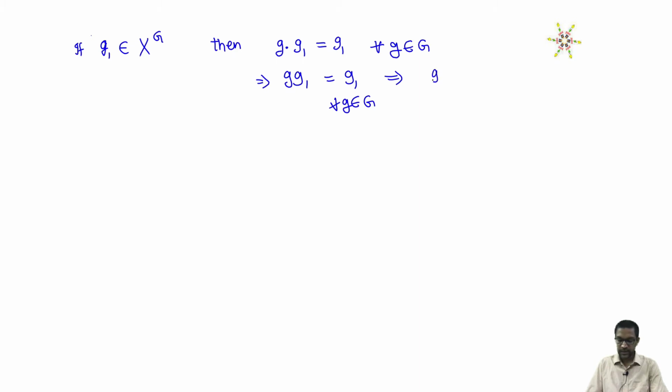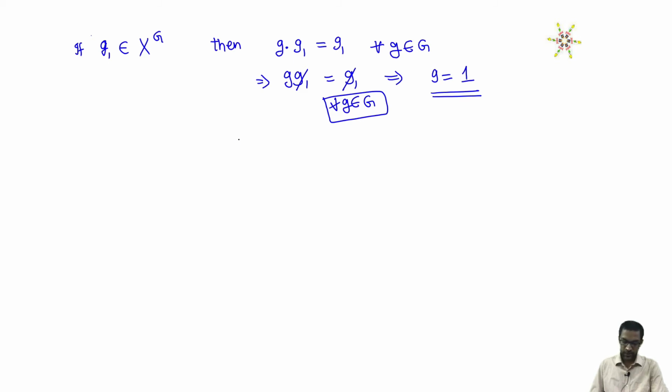After all it's a group, so I have cancellation on both sides, so it means G must be the identity element. But remember this equation is supposed to hold for all group elements G. What we have just shown is it can only possibly hold for the identity element of G.